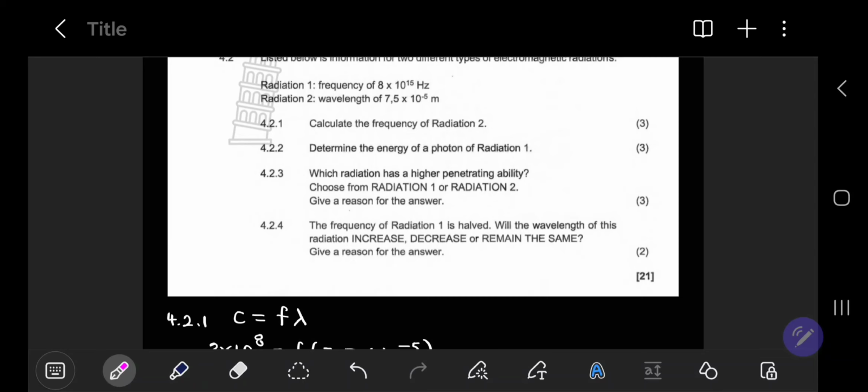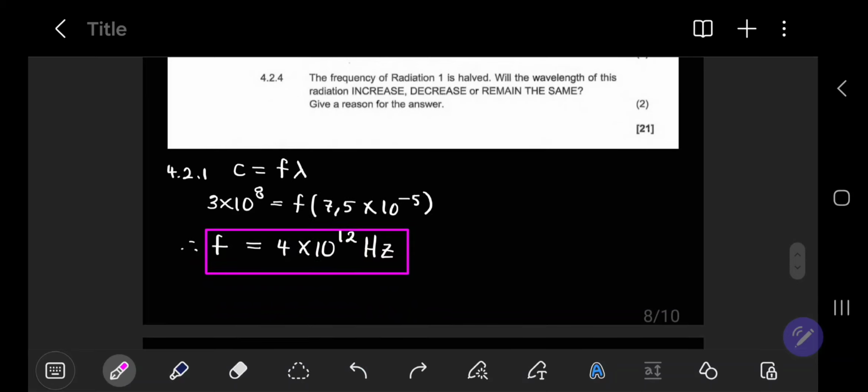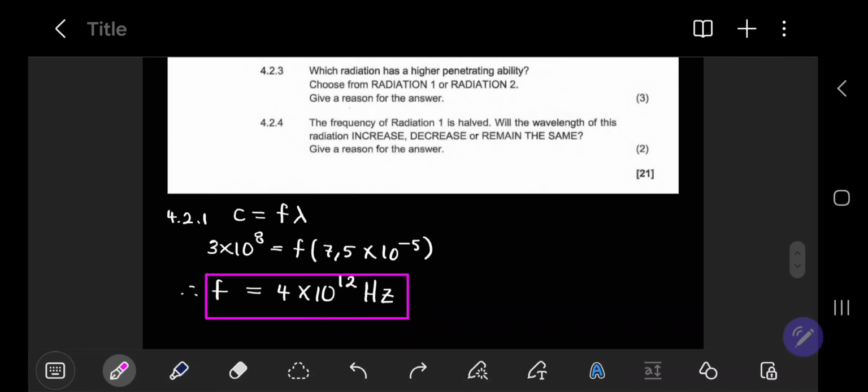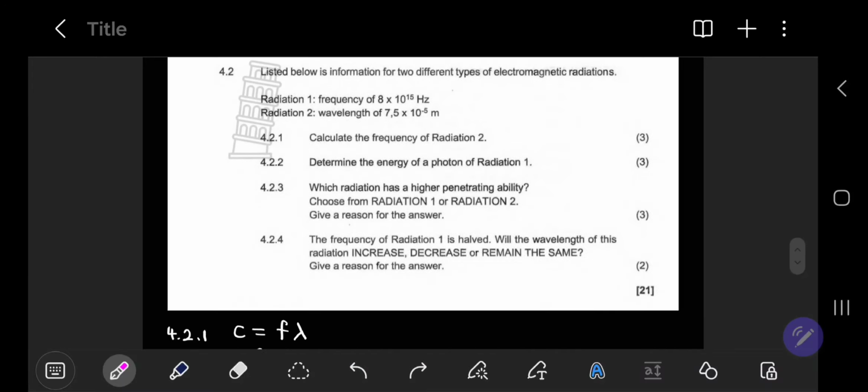When we have values in scientific notation, and we're trying to see which is the bigger value, we look at the times 10 part, specifically the exponent. For radiation 2, the exponent is 12, and for radiation 1, the exponent is 15.